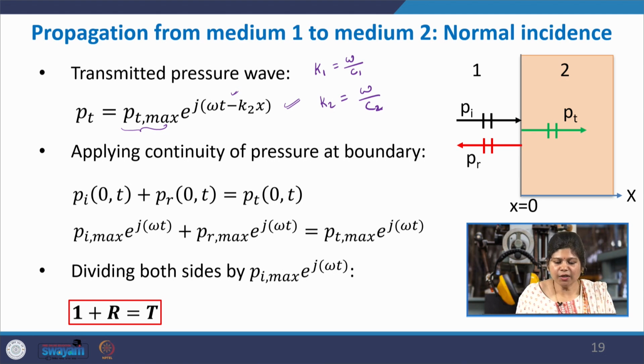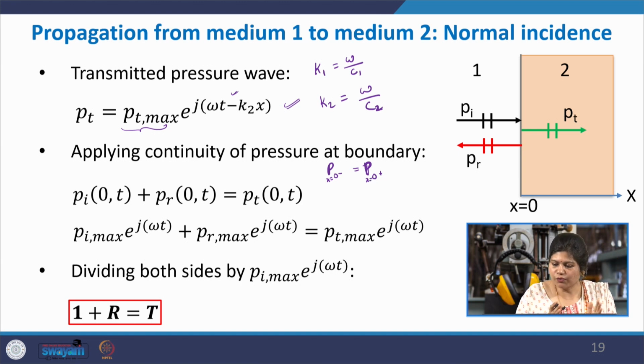We apply the continuity of pressure, which means the pressure just at the left side of the boundary is not vanishing at that point. So the pressure at 0 negative should be the same as the pressure at 0 positive. It is not suddenly vanishing at the point.